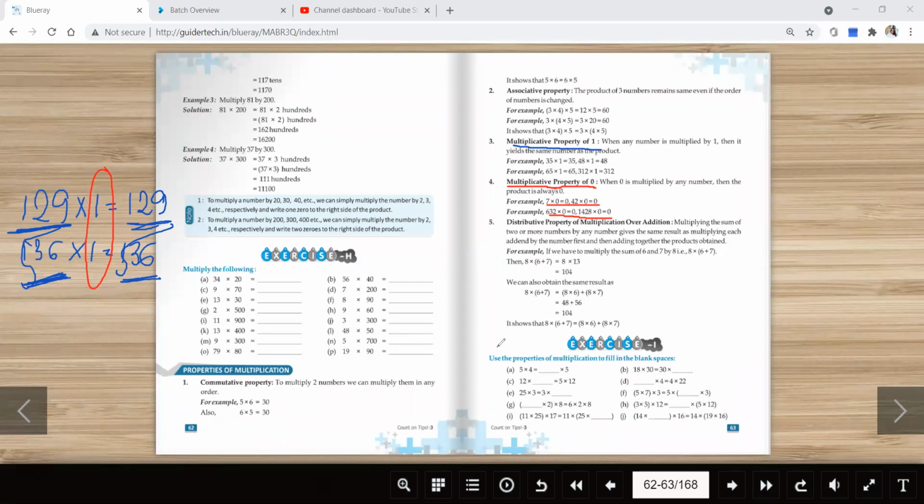Now over addition, what is written here is 8 into 6 plus 7. So first we can write it like 8 into 6 plus 8 into 7. Now 48 plus 56, and with additions, our answers come very fast. So this property is known as the distributive property.